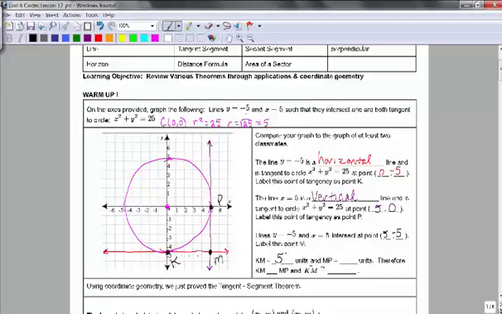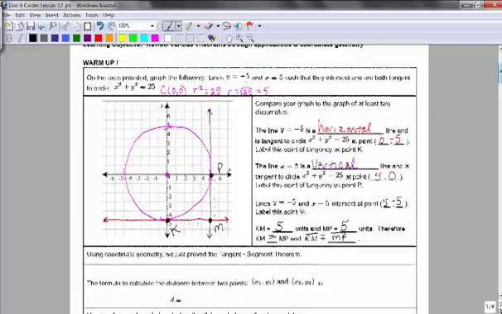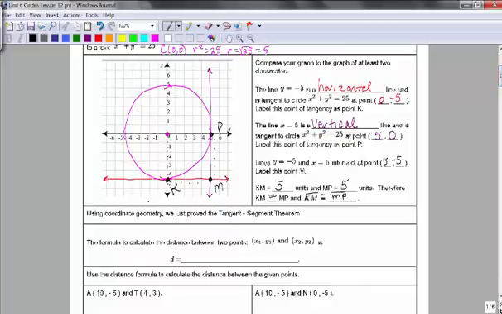And the length of segment MP, again, vertical, so I can count 1, 2, 3, 4, 5. Therefore, the length of KM is equal to the length of MP, and segment KM is congruent to segment MP. And what we just did is we used coordinate geometry, that's when we plot things on the coordinate plane, to prove the tangent segment theorem.